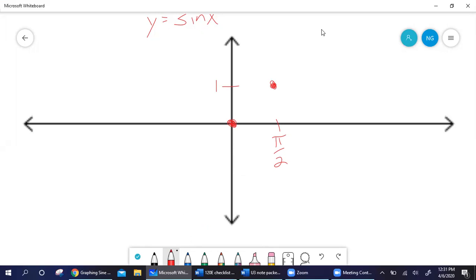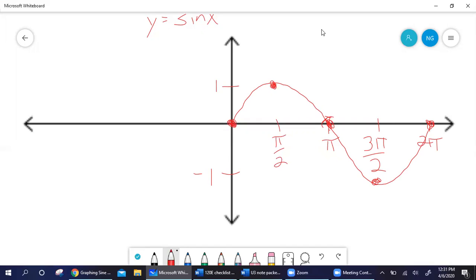It's about 1.57. At pi, we're back to 0. At 3 pi over 2, we're down to -1. And at 2 pi, we're back to 0. So I can see that I reach up top, I fall back down, and I go back to the start.